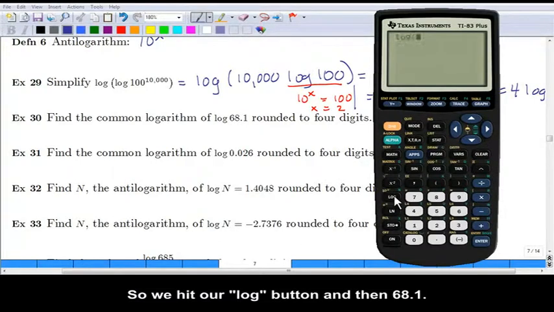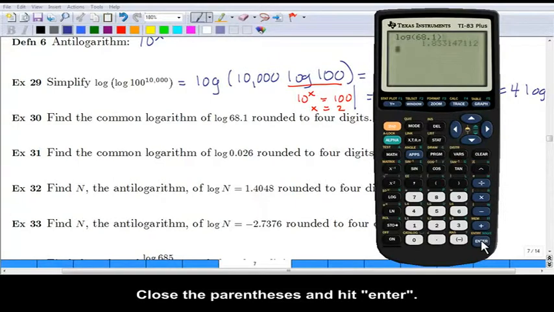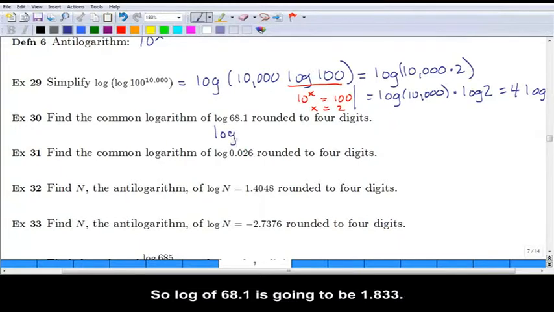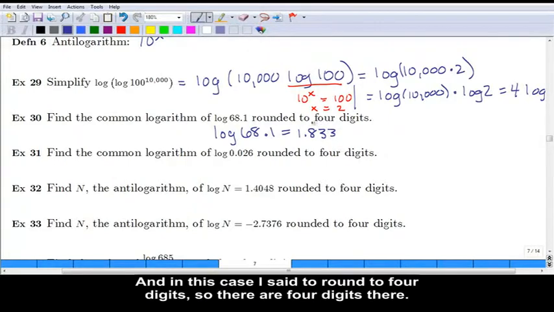So we hit our log button and then 68.1. Close the parentheses and hit enter, and it'll tell you that your exponent would have been 1.833. So log of 68.1 is going to be 1.833. And in this case I said to round to 4 digits, so there are 4 digits there.